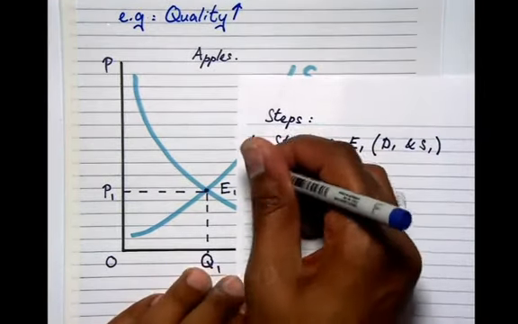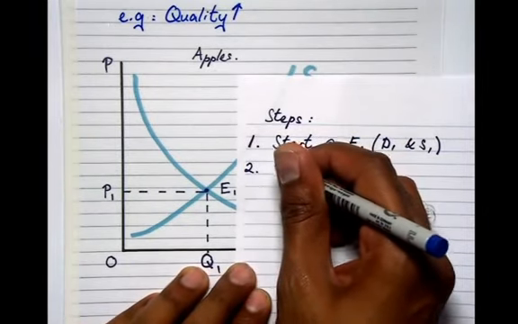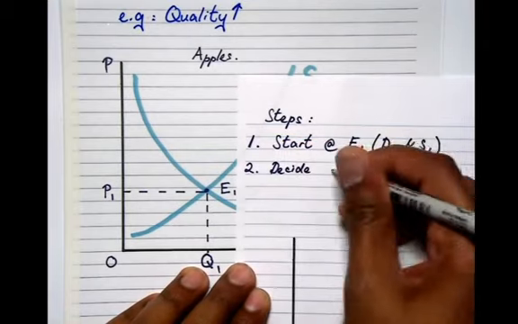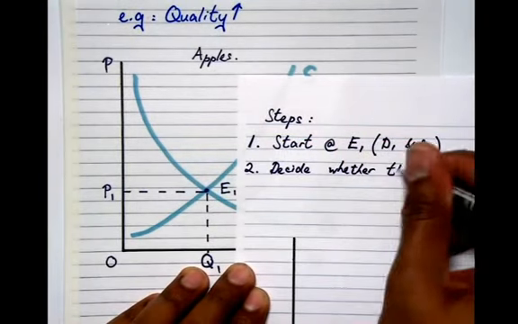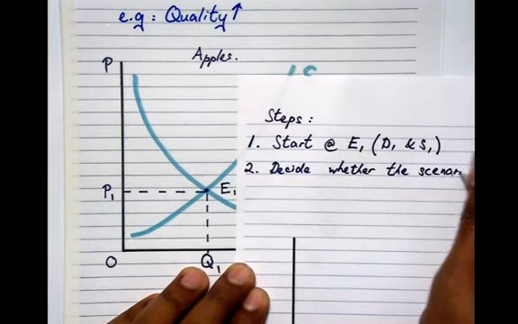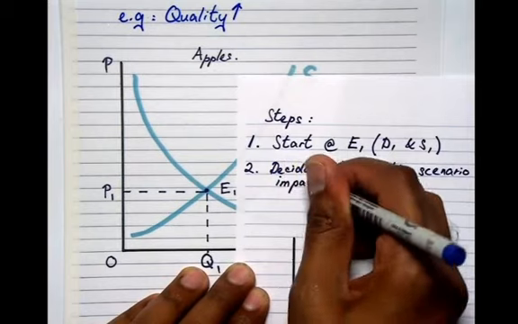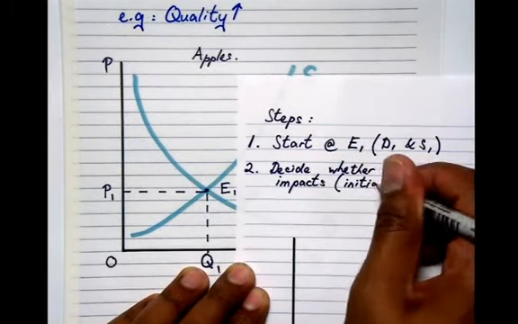The second step is you look at the scenario and decide whether the scenario impacts demand or supply. We're looking at the initial impact.